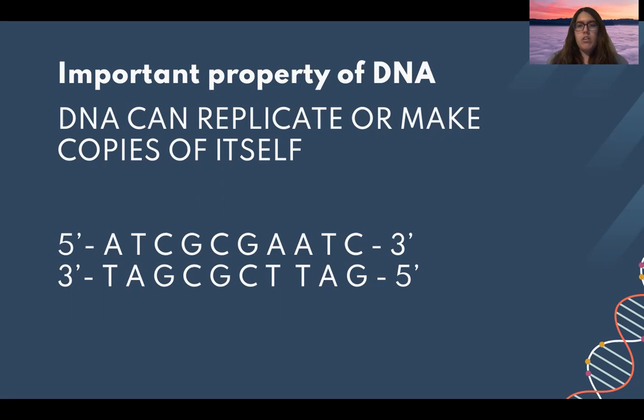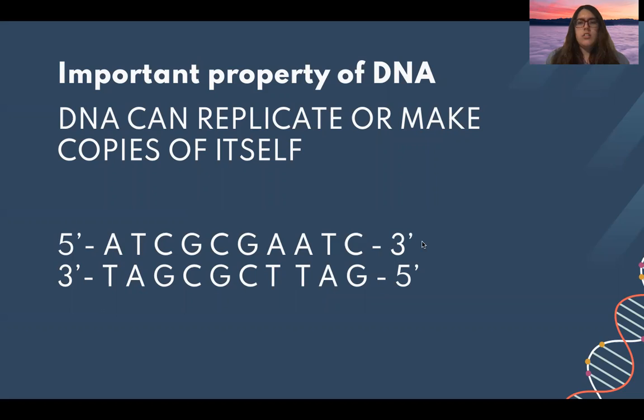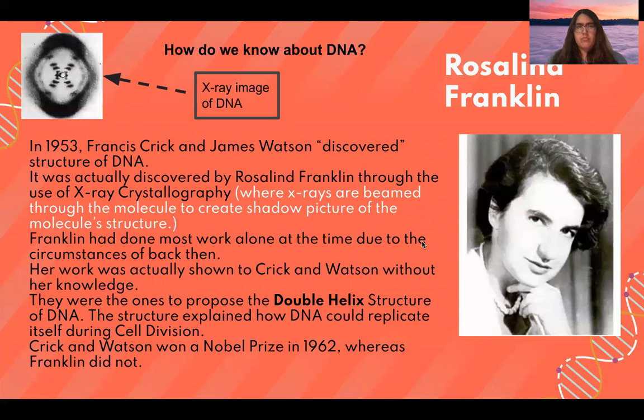So moving back to why we know that DNA is a double helix, so double-stranded. When we look at scientists and basically science history, how do we know about DNA? How do we know it's double-stranded? In 1953, Francis Crick and James Watson basically discovered the structure of DNA.